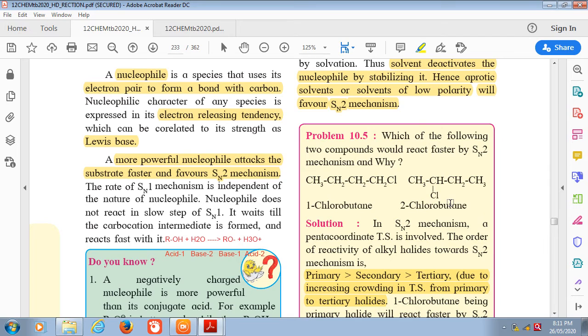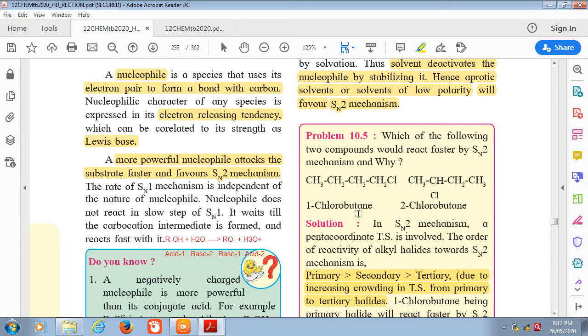In the SN2 reaction mechanism, a penta-coordinated transition state is involved, and the order of reactivity of alkyl halides toward the SN2 mechanism is always primary, then secondary, then tertiary, because in this order there is decreasing crowding in the transition state from tertiary to primary.